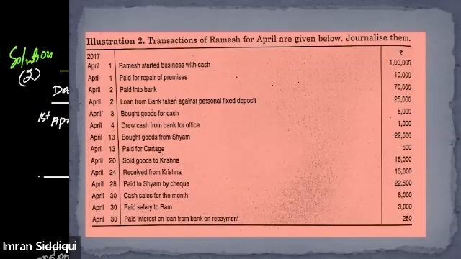Guys, first of all, try to identify the effect of any transaction, right? See, first of all, paid for repairs of premises, you need to identify how it is affecting any aspect of the business. Firstly, if we are paying for repairs, that means it is going to affect our cash balance, yes or no? Cash is going to get affected. Cash will be reduced, right?